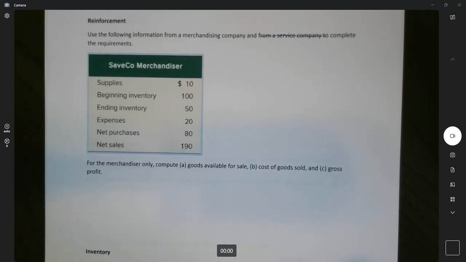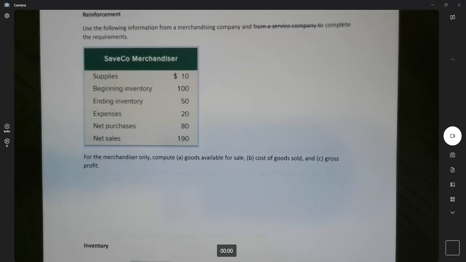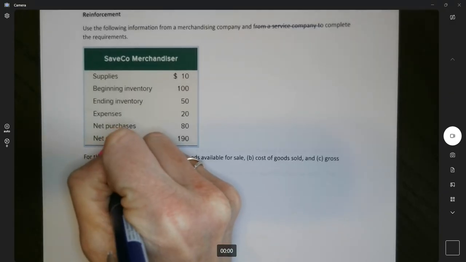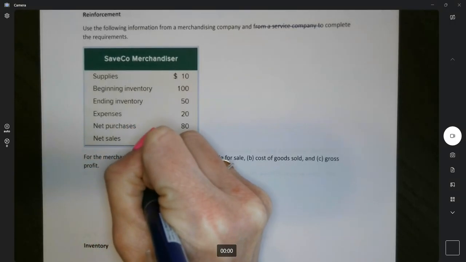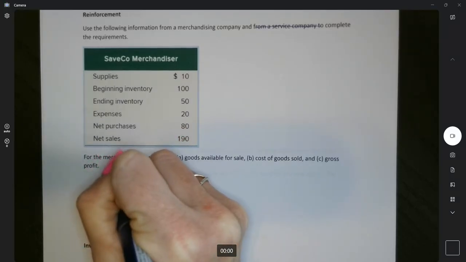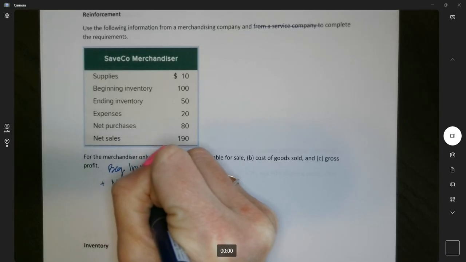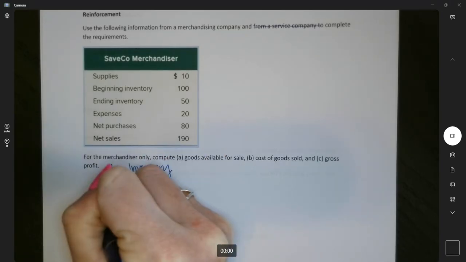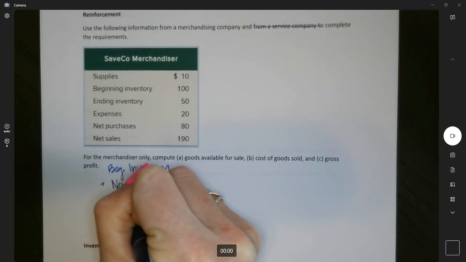So I'm going to put together the cost of goods sold, and I'll point out to you where we have that goods available for sale. We're going to start with beginning inventory. And we're going to add in net purchases. This is going to give us our goods available for sale.